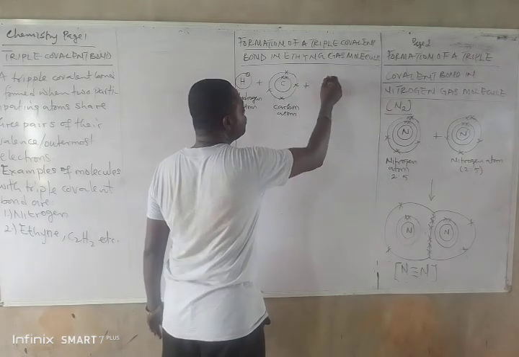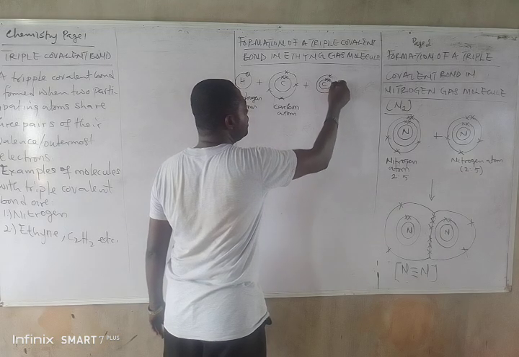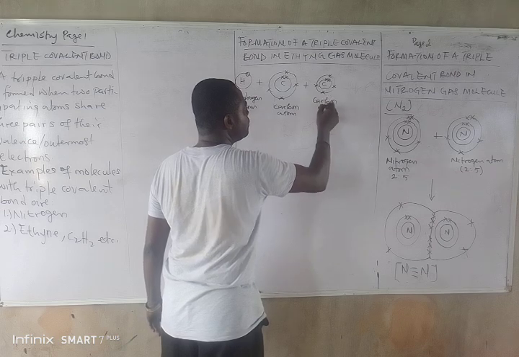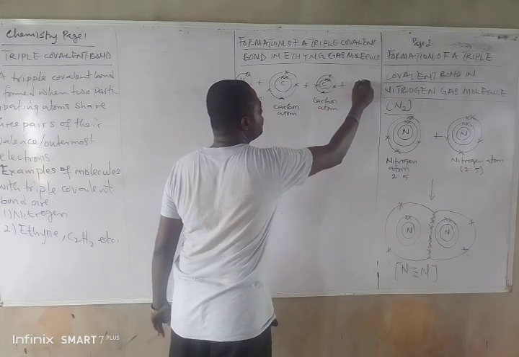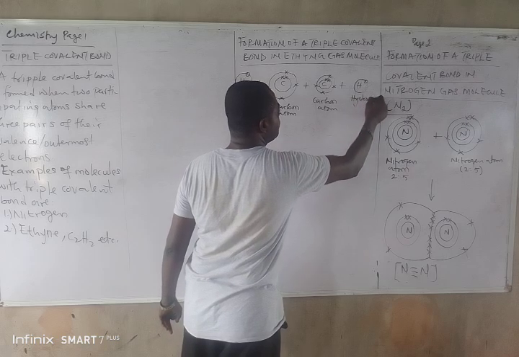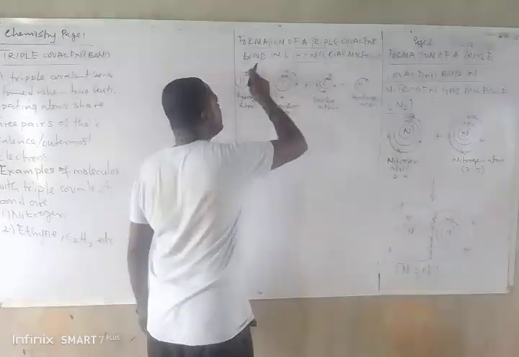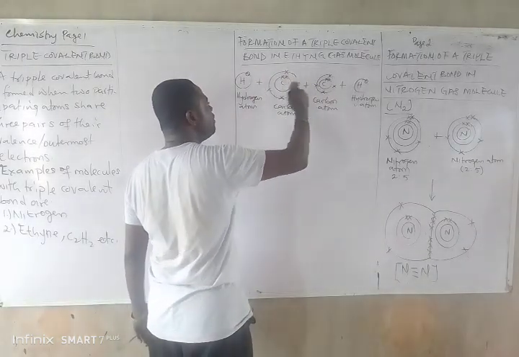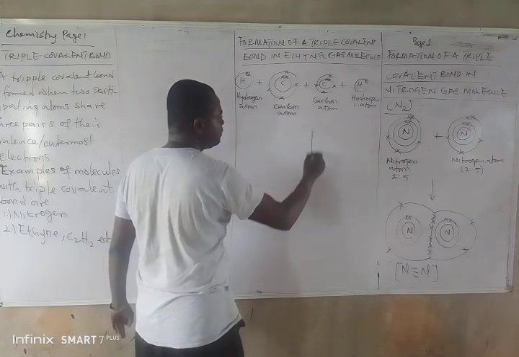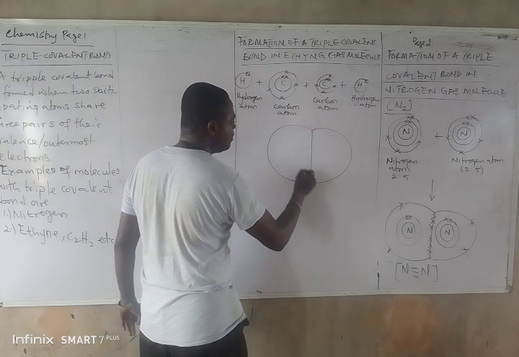Plus another carbon atom, 2:4, and then plus a hydrogen atom. You can see that I use the same symbol for this hydrogen and this hydrogen, and the same symbol for this carbon and this carbon, because they are the same thing. So bringing them together: this is the first carbon, this is the second carbon.